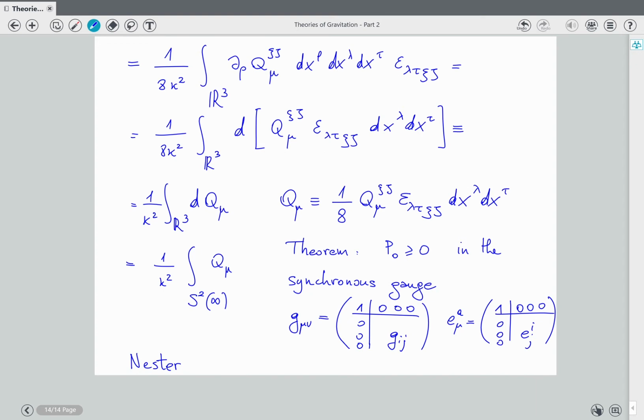The point that I want to stress, however, is first that when you want to define the energy in gravity, you need to deal with a specific reference frame.